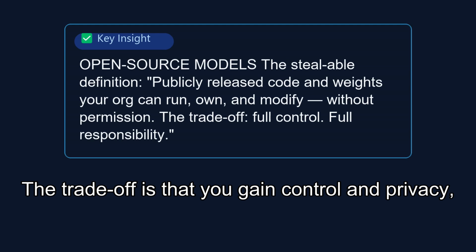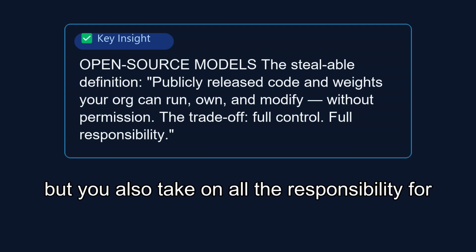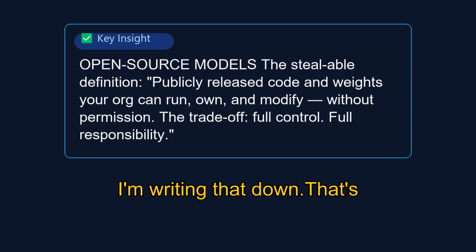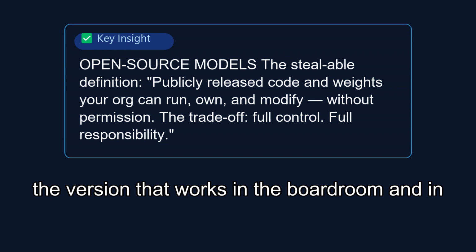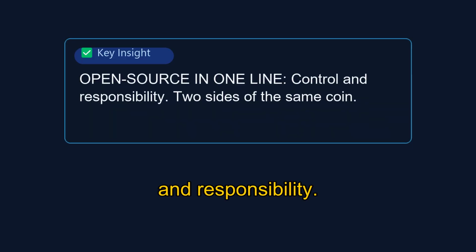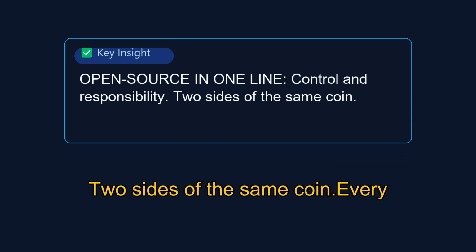The trade-off is that you gain control and privacy, but you also take on all the responsibility for running it safely and reliably. That's the one. I'm writing that down. That's the version that works in the boardroom and in the vendor meeting. Control and responsibility, two sides of the same coin.